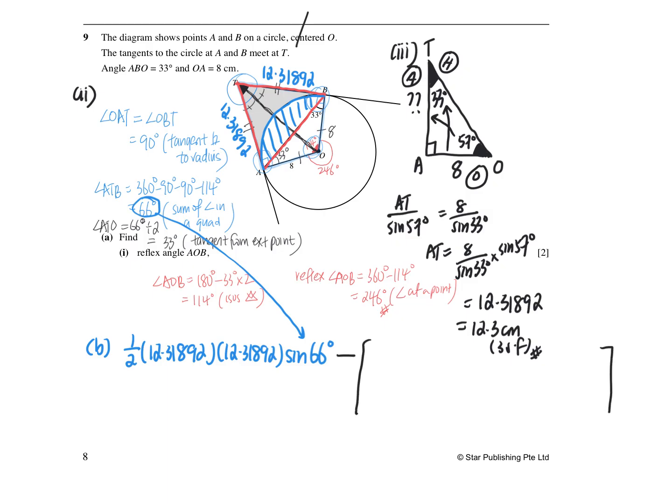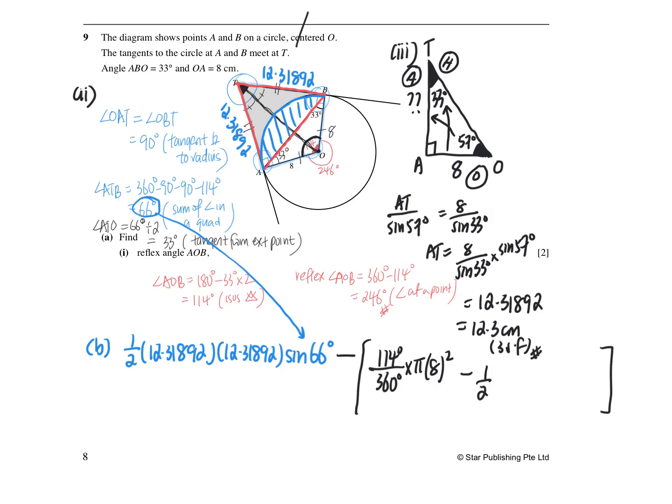Area of segment is area of sector, so 114 over 360 times pi r squared, minus the triangle, 114 over 360 times... no, not this. Half ab sine C, right? My bad.